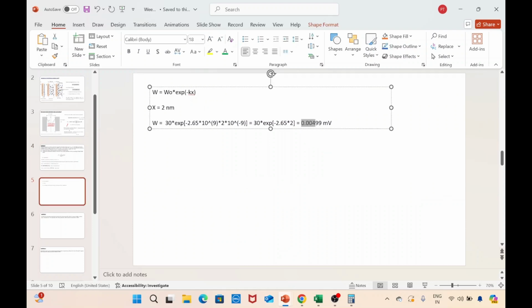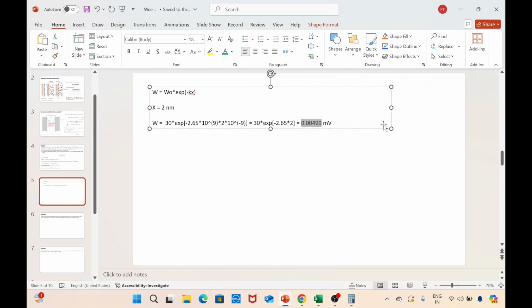If you see here, the potential is 0.00499, so you can see how small the value has become. Only in the region before the Debye length will the value be considerably high. After the Debye length, or after the diffusive layer, at distances greater than the Debye length, the potential will be very less.